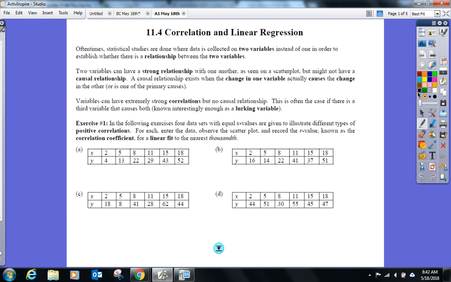So for this first example, part A, can you go to your list, please, and type those into two lists.